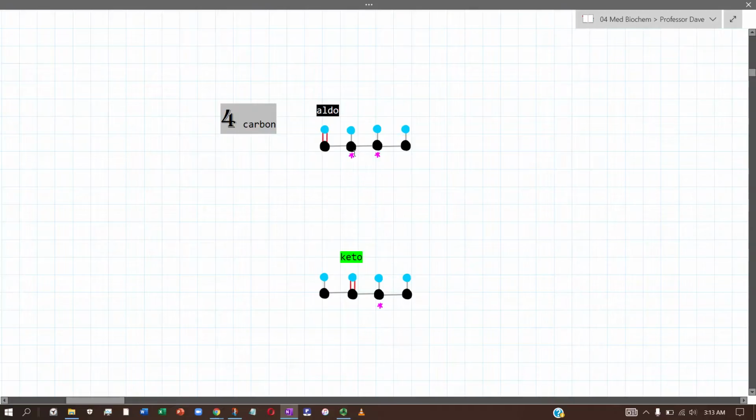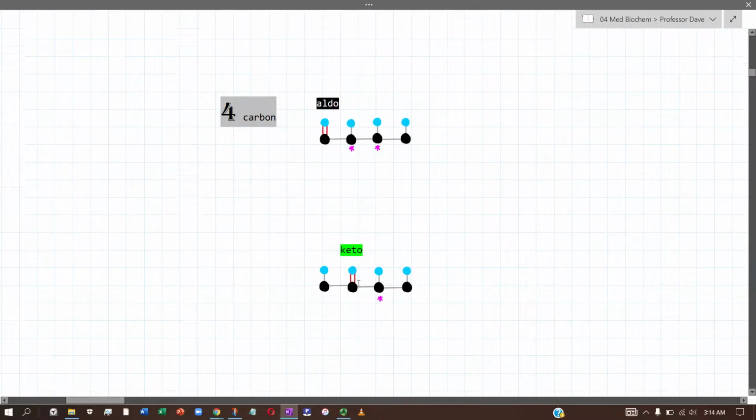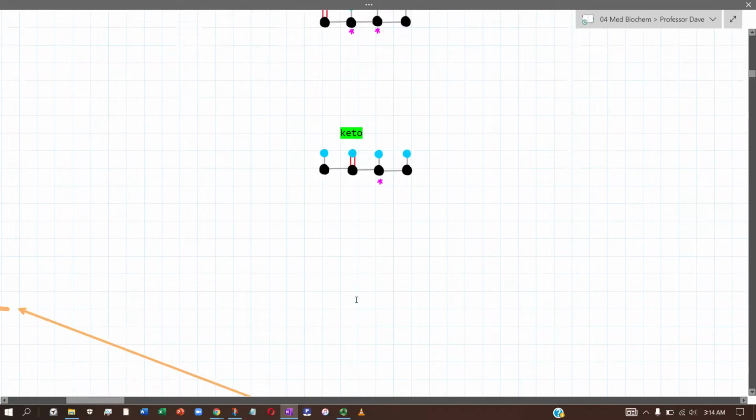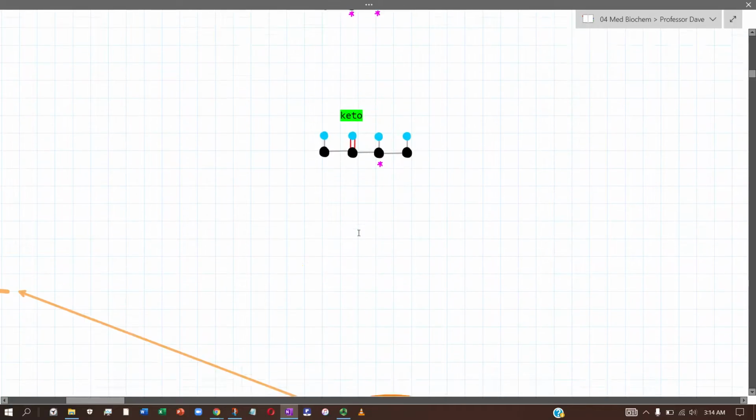And in this case, there are 2 chiral centers right here, and over here there's only 1 chiral center, based on the nature of where the carbonyl group ends up and the limitations of the number of carbons.